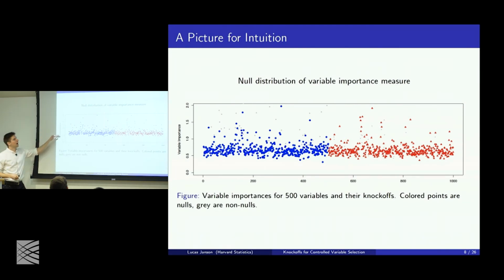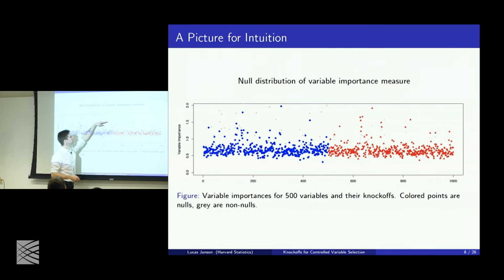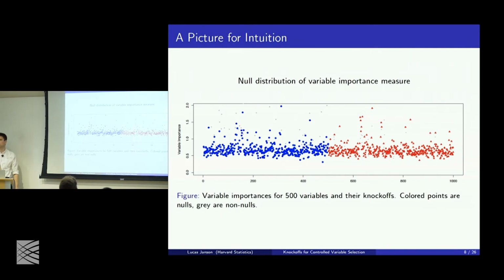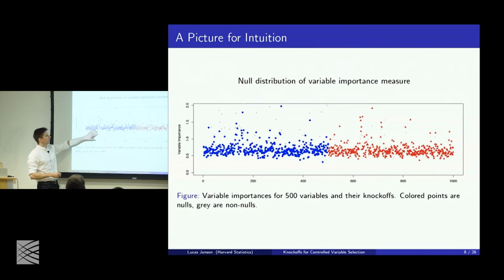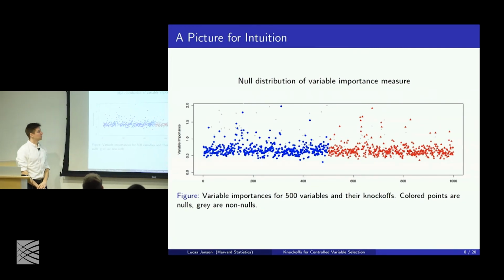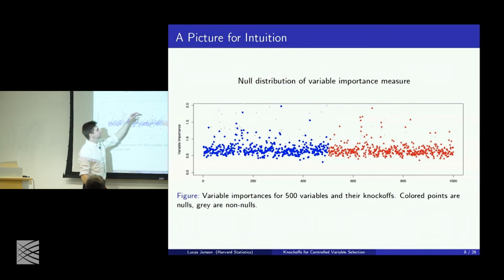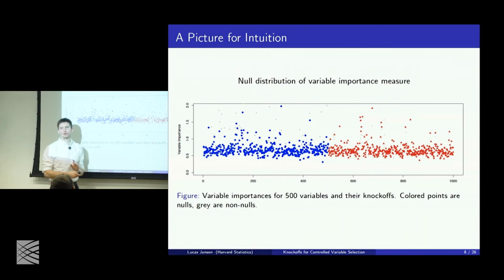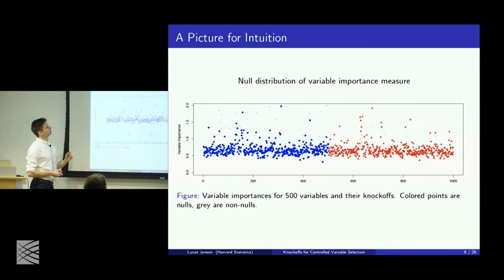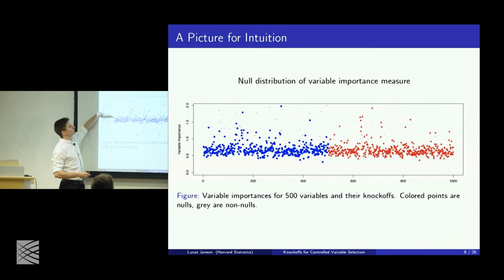If it were chi-squared, I would know exactly where to cut off to control some sort of type 1 error. But the problem is that these things come from, I think the simulation used random forest variable importance measures. They have no statistical properties whatsoever. But they might do a good job of measuring variable importance. And so I don't know where to cut off. And indeed, if we imagine the case where we don't have knockoffs, so if we ignore those red points for a second, I don't know how I would choose a threshold.